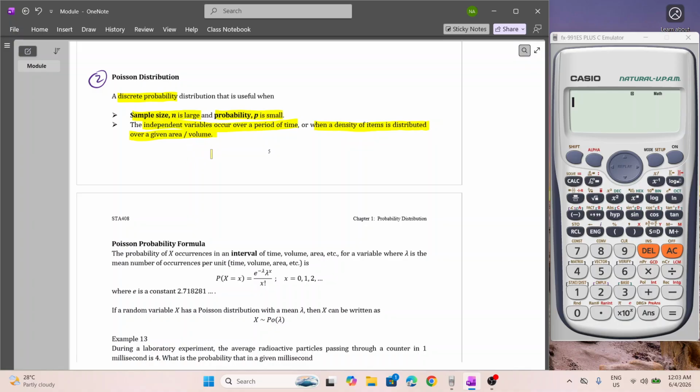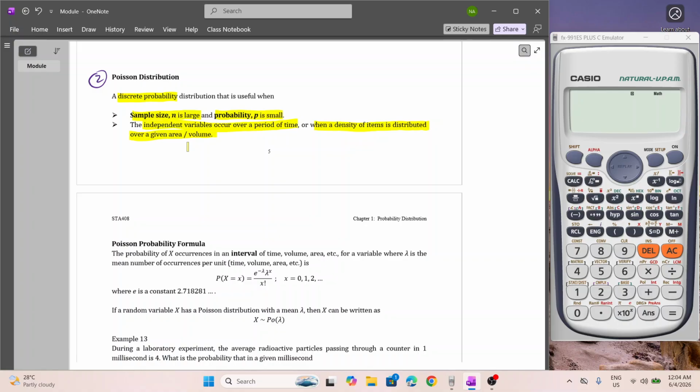So from this definition, you should now know what the difference is between the Poisson distribution and the binomial distribution. Okay, so in the binomial distribution, we have discussed that we must have, for example, a fixed number of trials and there are two possible outcomes, right?